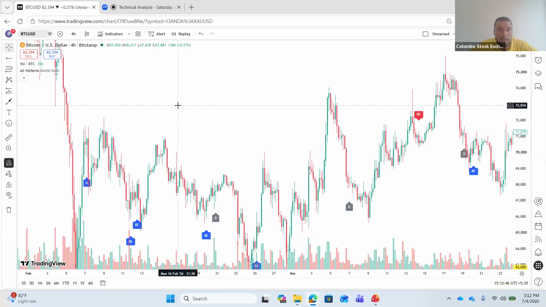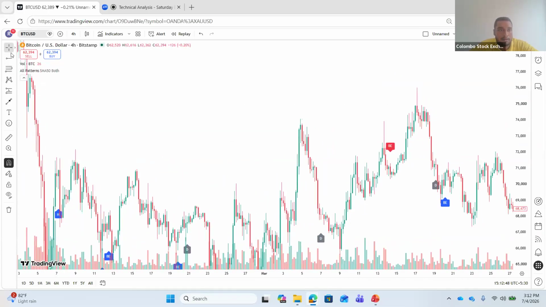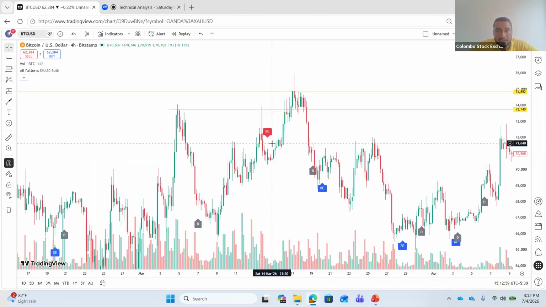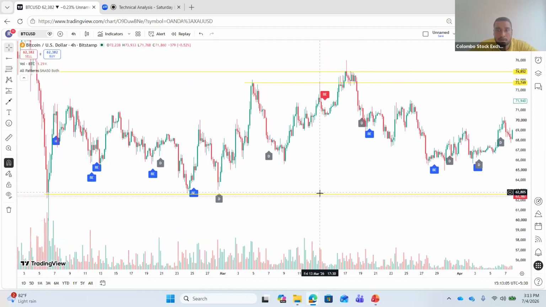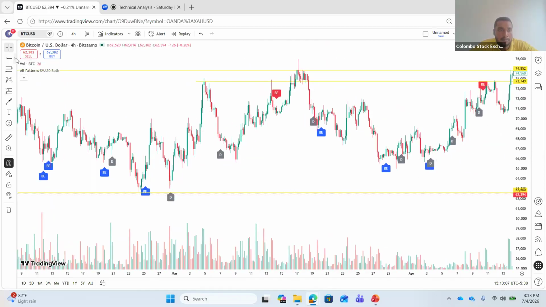Also here there's a resistance line, right? But this line was more important than that at that point, and this one also a resistance, and this one is also a resistance. But here the price was rejected, but again bounced back up because the price is in an uptrend, right? Here you can see the uptrend.